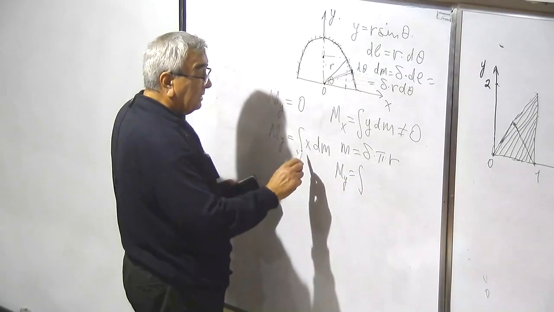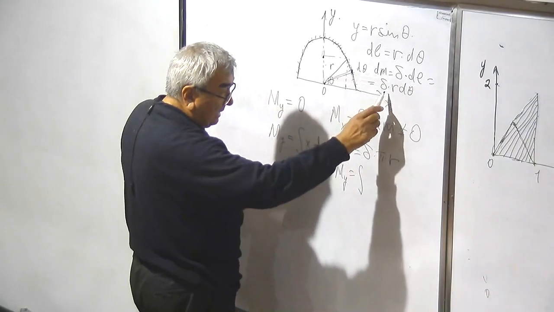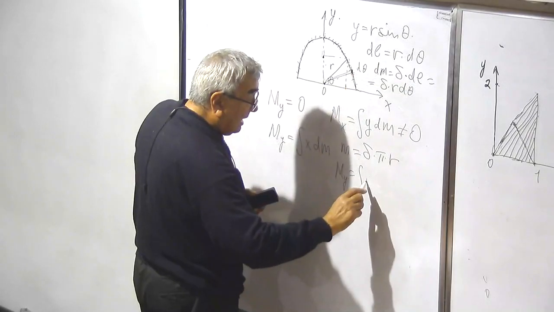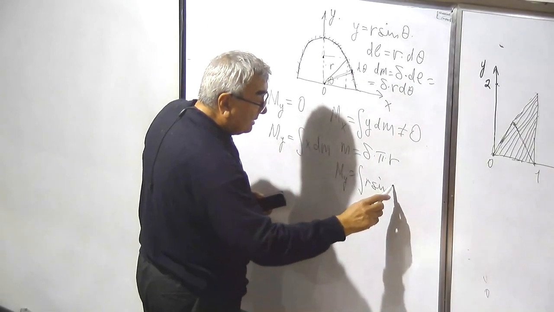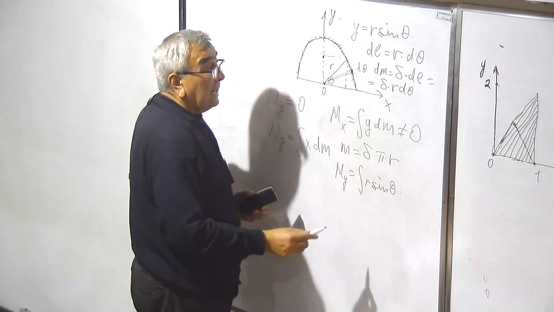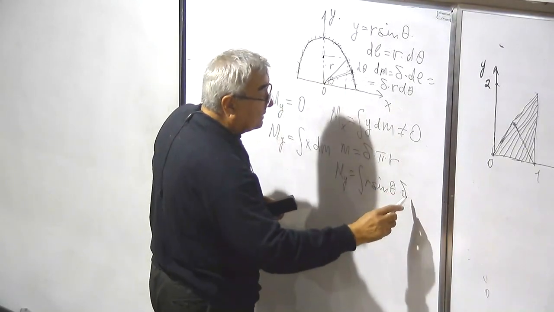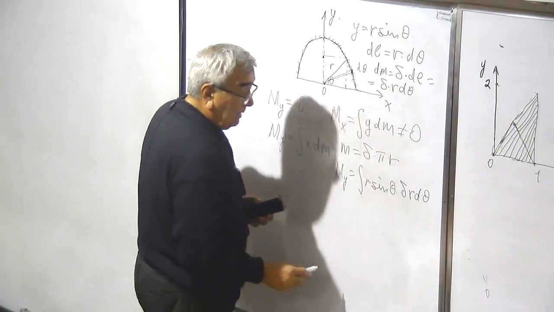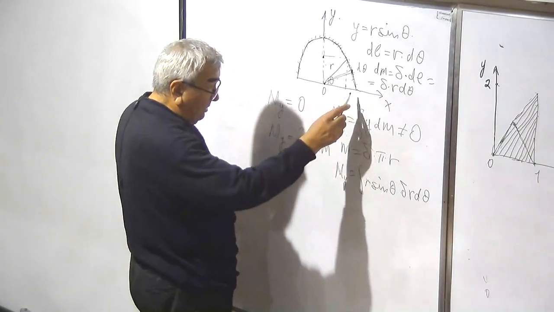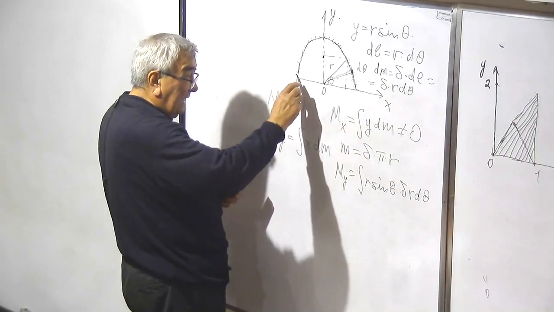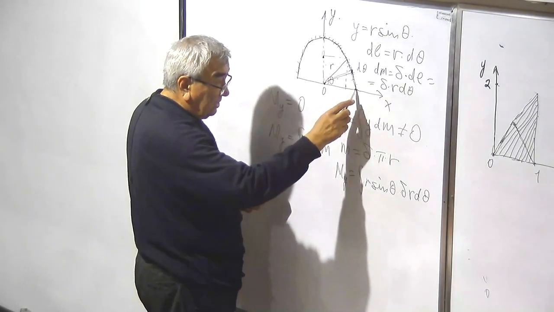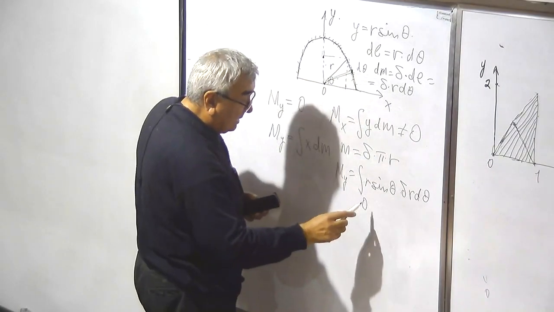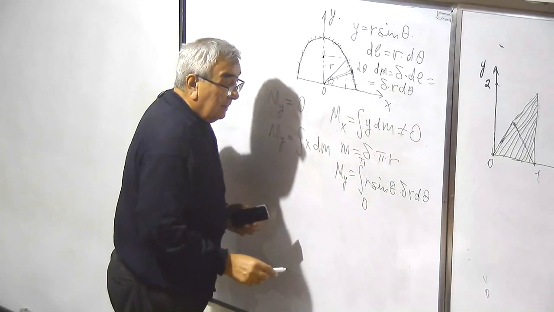That means instead of the y, I will substitute this r sine theta, and multiply to dm, delta times r d theta. And integration should be over the angle. That means from 0, angle here 0, up to the pi. That means the integral from 0 to pi.